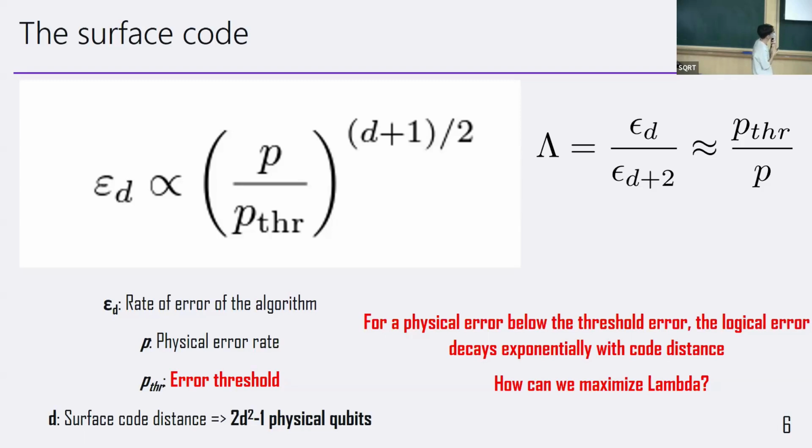So the important numbers here are these 2 errors, and the most important number is the error threshold. Our long-term goal is to keep this physical error rate below the error threshold. And this is what Google finally managed to reach. Before Google's paper, this was considered possible, but no one had actually done it experimentally. So our goal here is to maximize this lambda and keep under the error threshold.